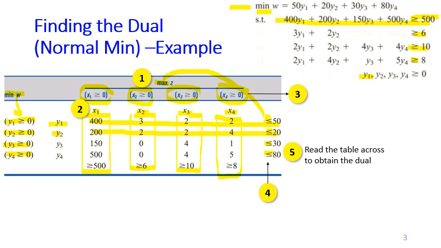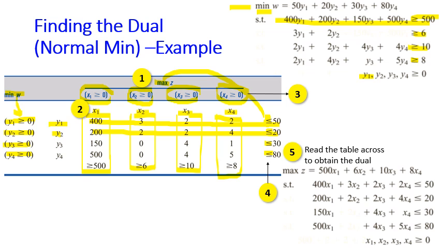Now we can read the table across to obtain the dual. So our dual problem is a maximization case, and then read the rows to obtain the constraints. So 400 x1 plus 3x2 plus 2x3 plus 2x4 less than or equals to 50. Do the same thing for all constraints. Sign restrictions are straightforward. Now for the objective function, this is how you read it. 500 times x1.